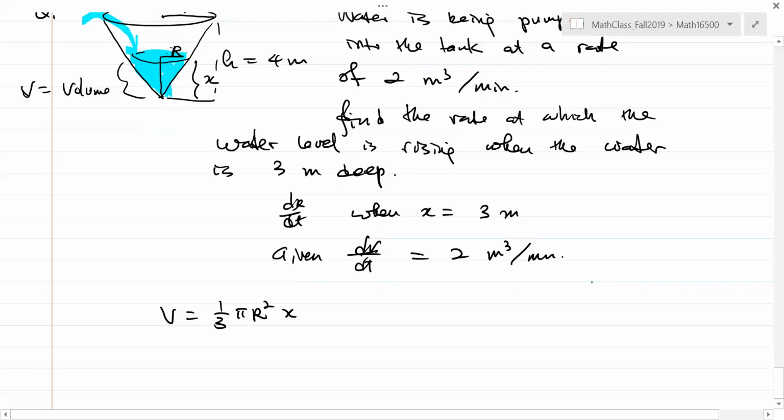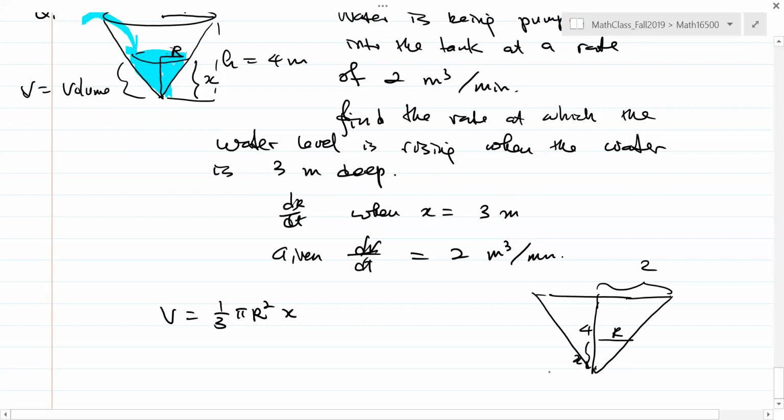So look at the triangle. You cut the cone in half. What you see is a cross section. It's like that, right? And here is a 2, and that's just a 4, and this is r, and that is x. So you get two similar triangles.